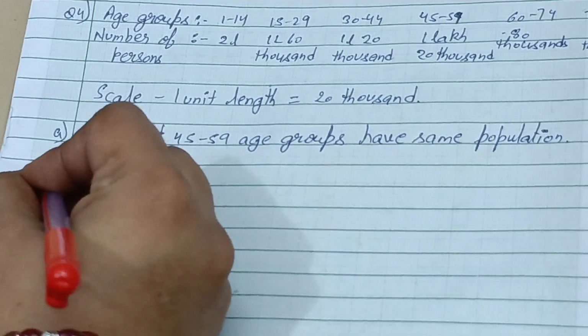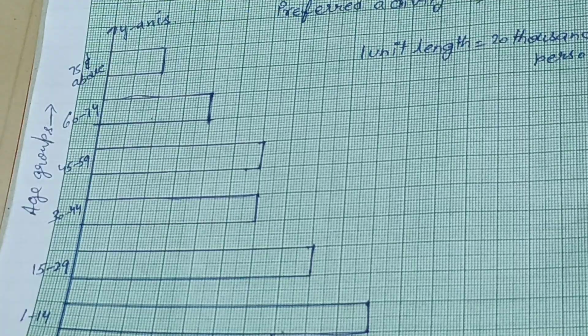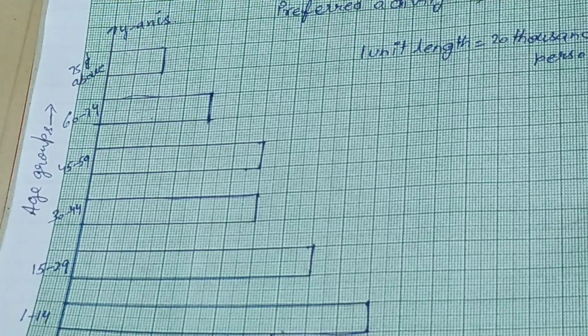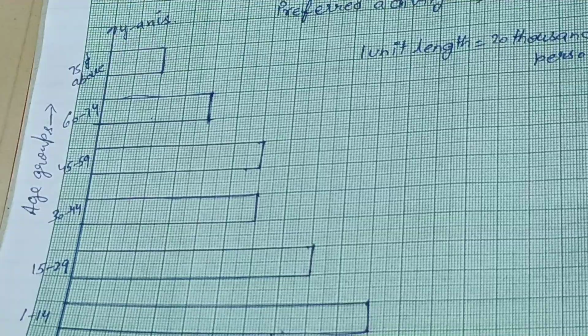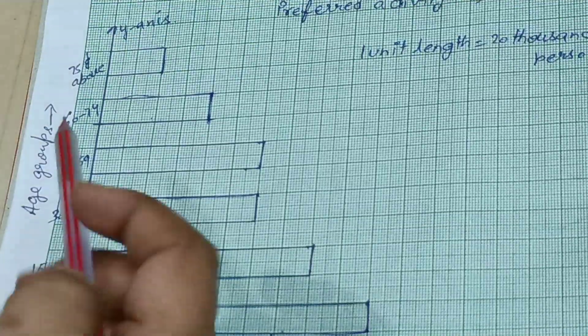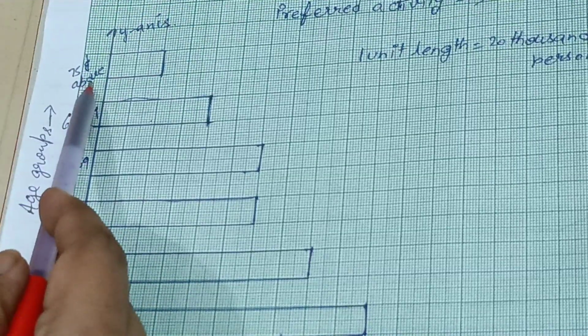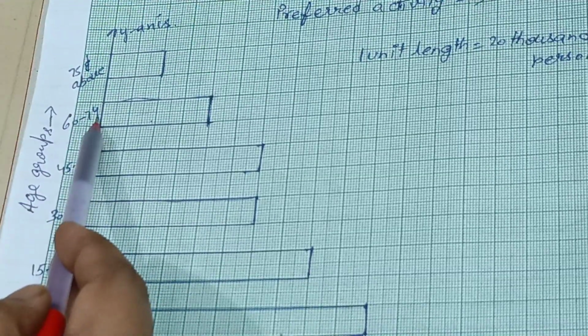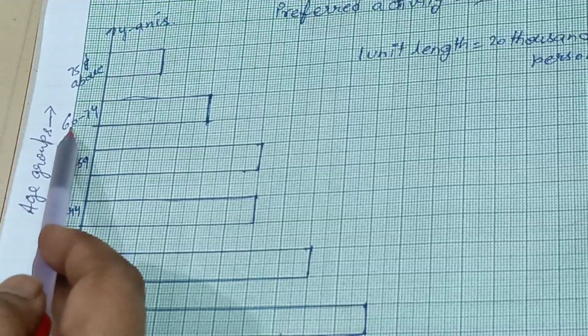Alright. Next question is, all persons in the age group of 60 and above are called senior citizens. We call all the persons who are above the age group of 60 as senior citizens. So you have to tell how many senior citizens are there in the town. We can see in the graph that 60 to 74 and 75 and above, these are the only two age groups which are showing number of persons above the age of 60.